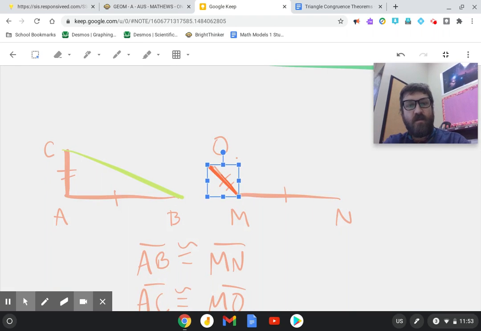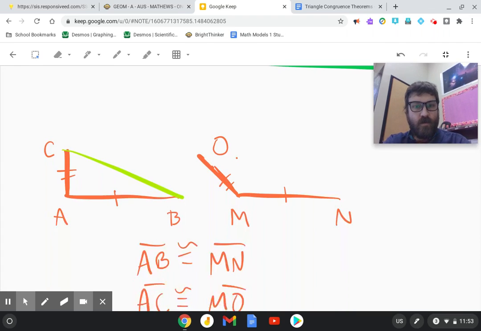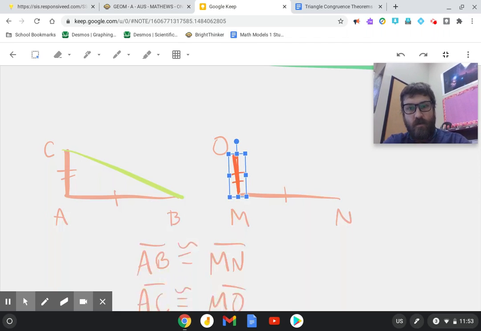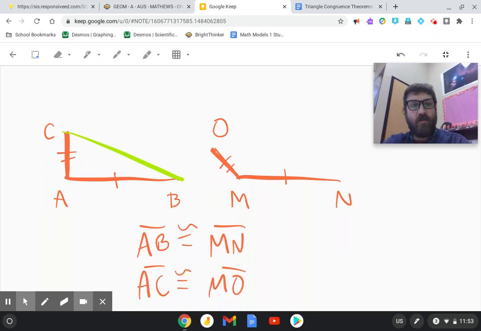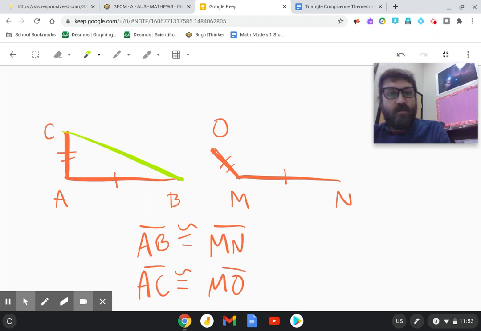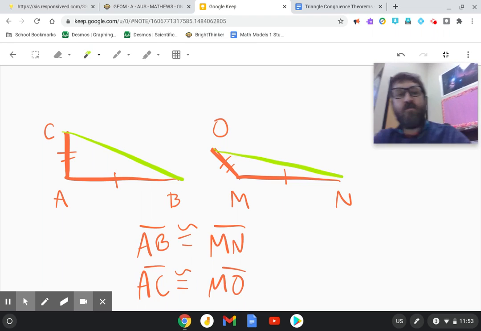I've shrunk it too much. Let's go back here. Sorry about that. I did some shrinking I didn't mean to do. So now let's rotate. There we go. Now AC and MO are still the same length. However, now if I draw my third side, I've got a different triangle.